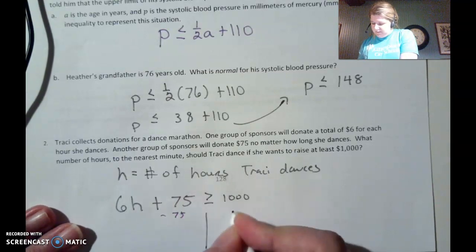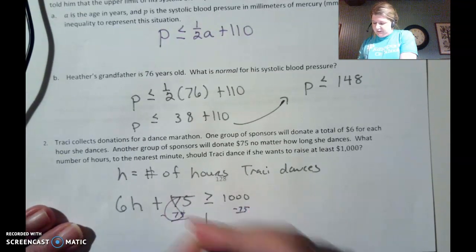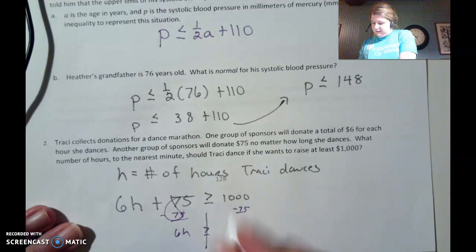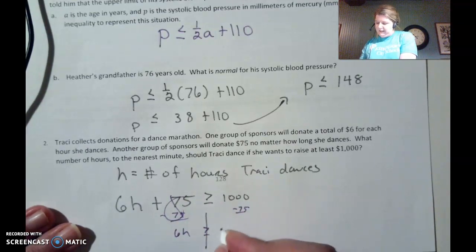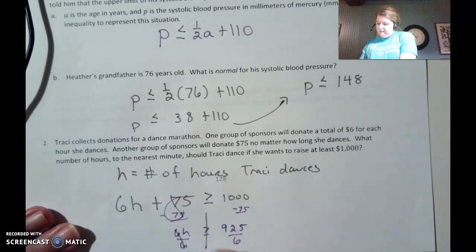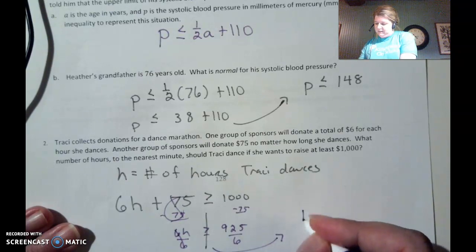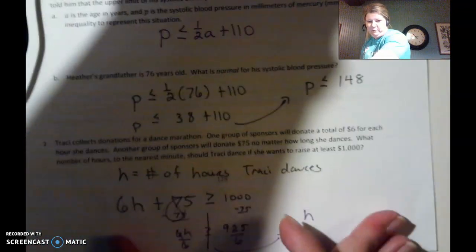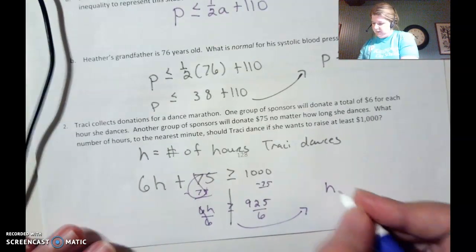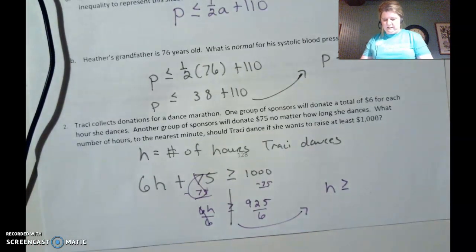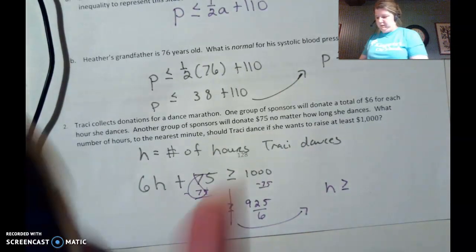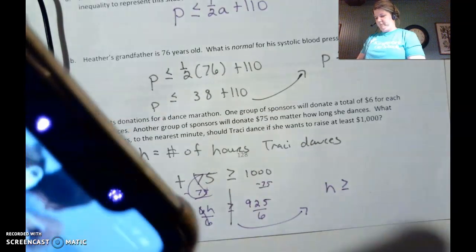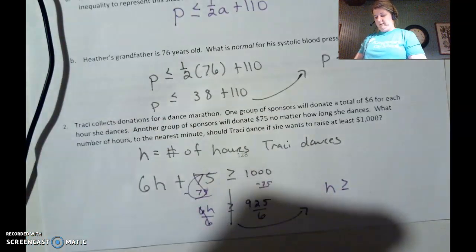So let's take away the $75 flat donation. 6 hours to get more or exactly $925. Divide by 6. So hours here that she would need at least, so greater than or equal to, let's get the calculator.